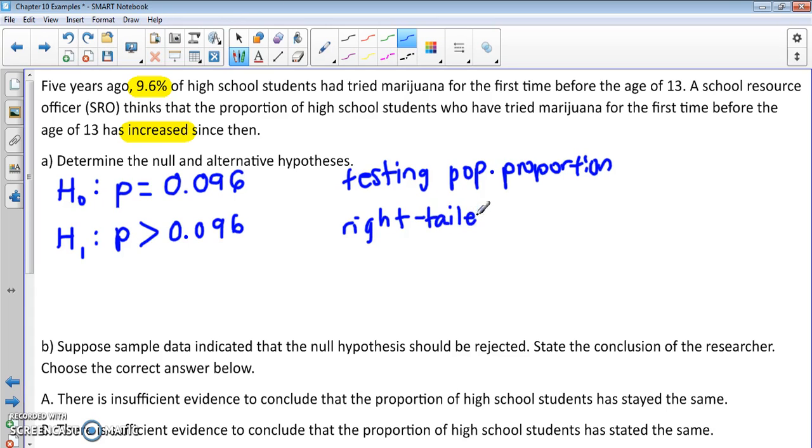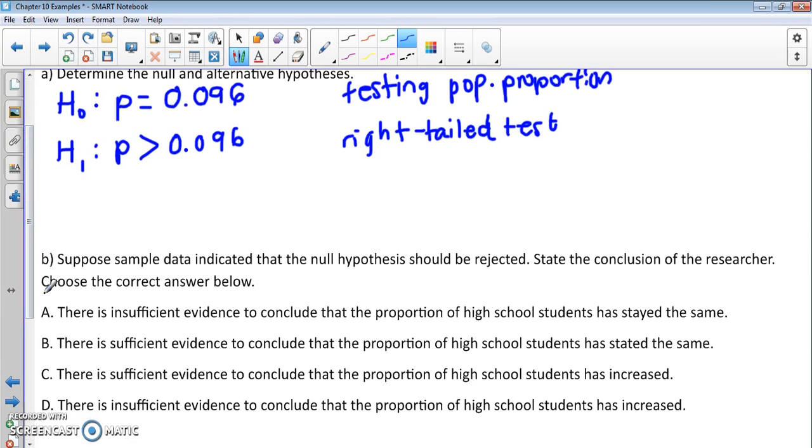Even though the problem doesn't ask, just get used to those things. So part B says, suppose sample data indicated the null should be rejected, state the conclusion. So if we reject, then that means that we have sufficient evidence to conclude H1.